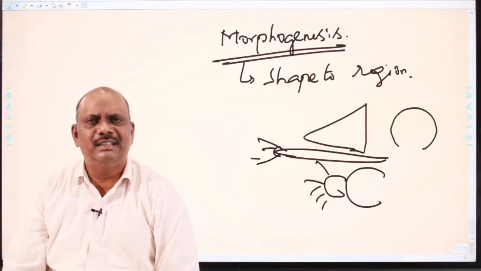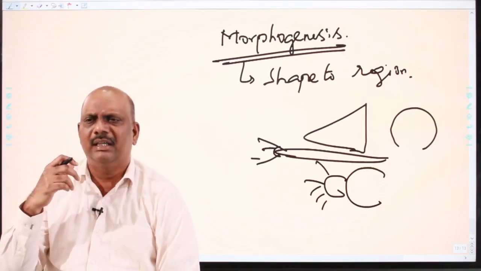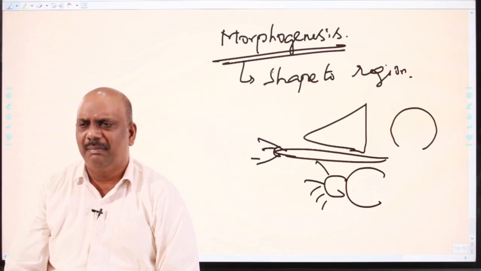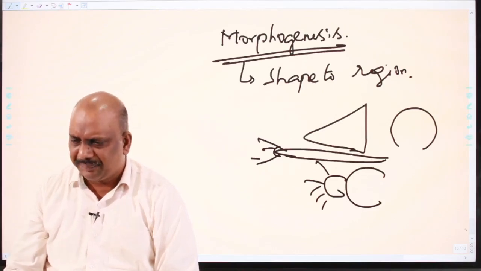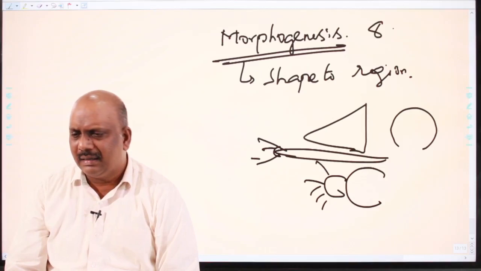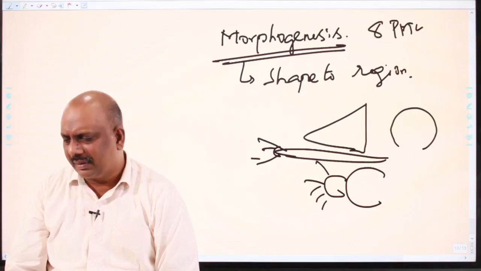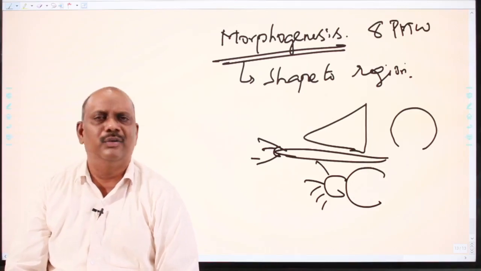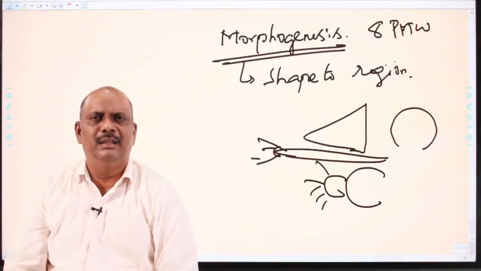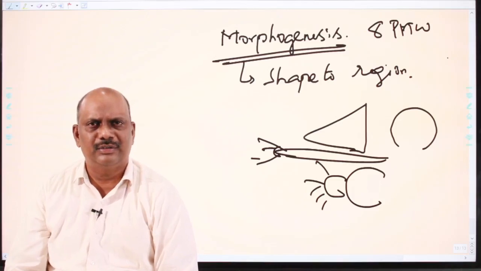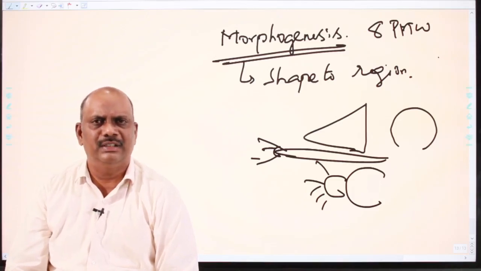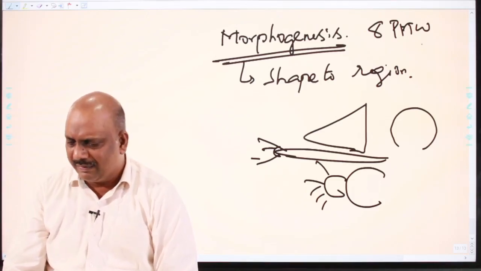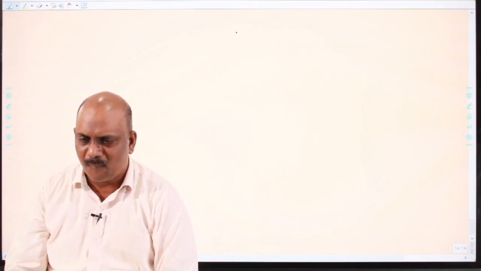The major aspect of morphogenesis gets completed at 8 PMW, but it continues almost up to adulthood. Even after birth, the process of morphogenesis continues. After this comes the peak velocity of length and the peak velocity of weight.